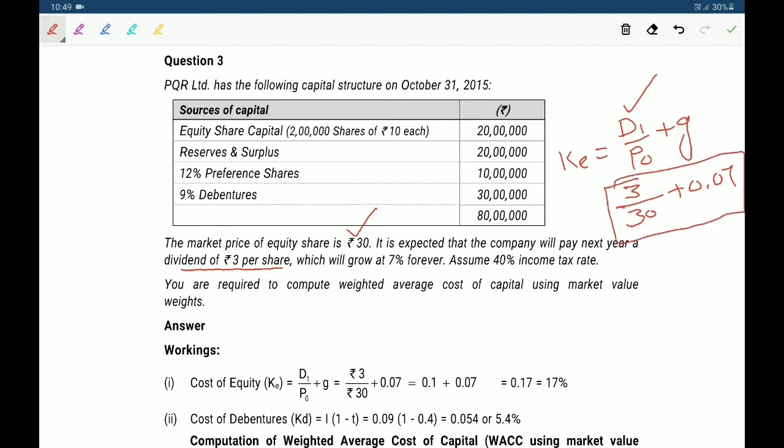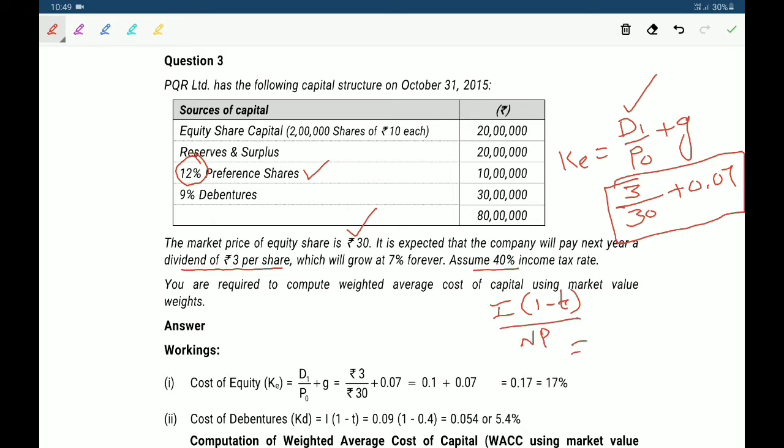Okay. Next, 12% preference shares. There are no additional details, so this is 12%. Next, 9% debentures. We know the tax rate, but there is no other data about redemption, so we assume irredeemable debentures. What is the formula for cost of debt? Interest into 1 minus tax, by net proceeds.